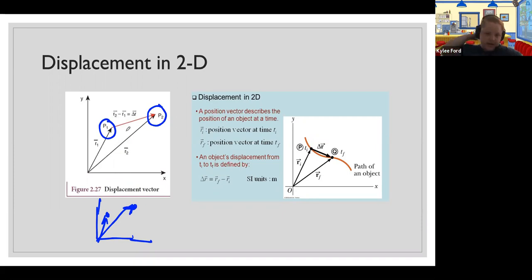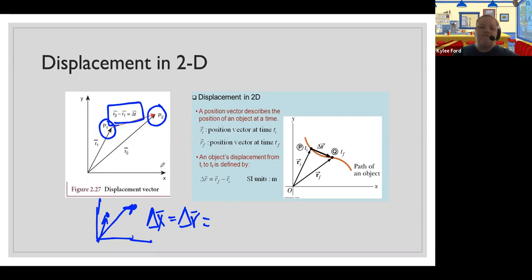Now our displacement, and that's a lot of times what we're going to be looking for, is going to be this delta r, or we can call it delta x, doesn't really matter. We just want to remember that this is a vector, because it has a magnitude and a direction.